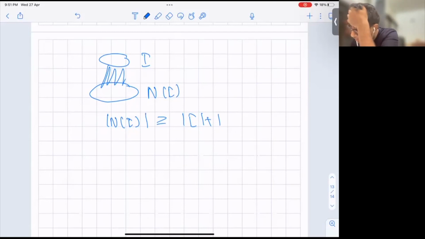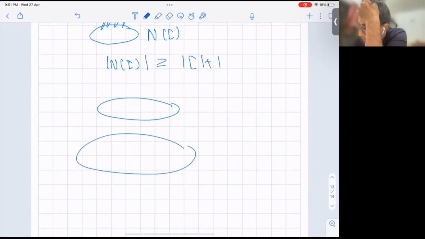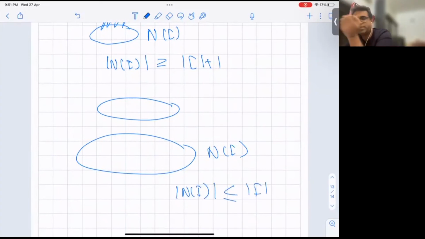Now, you might ask yourself, what happens when I have an independent set and I know that N of I is less than or equal to |I|? What is happening then?